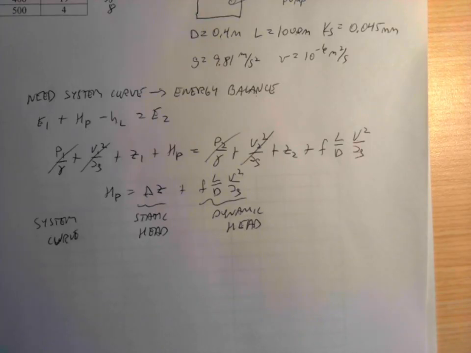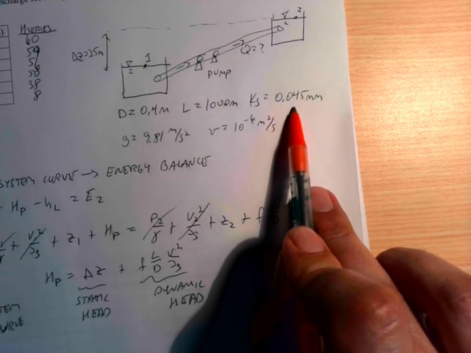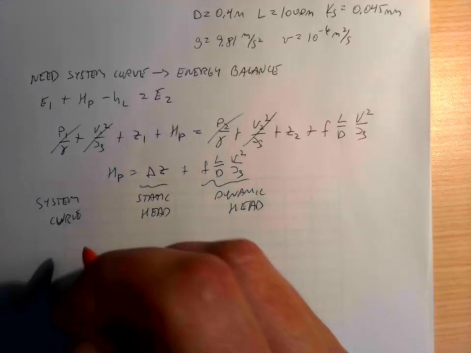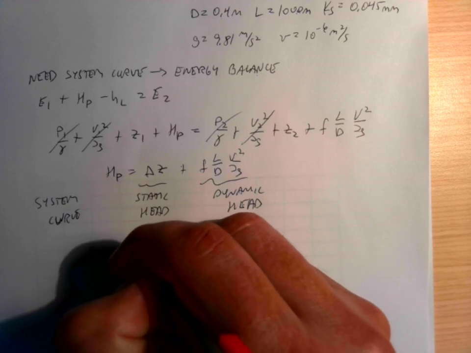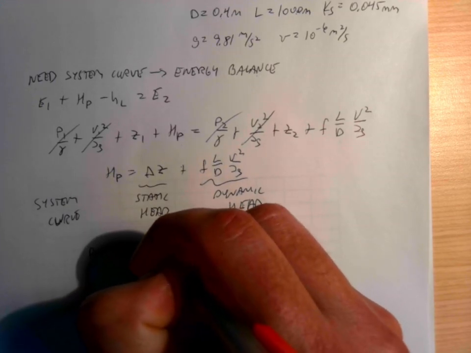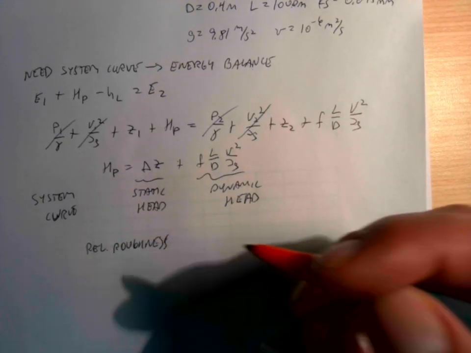but we also need to consider for that the roughness height for this particular material, which we said is 0.045, and we get the relative roughness, which is our dimensionless number we use in the Moody chart to figure out the friction factor.